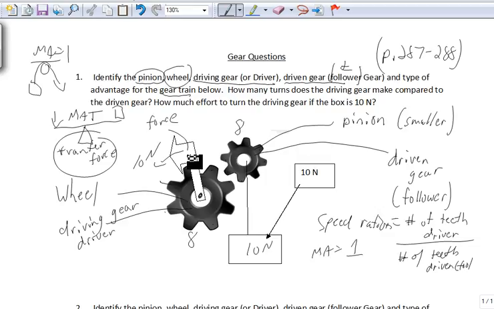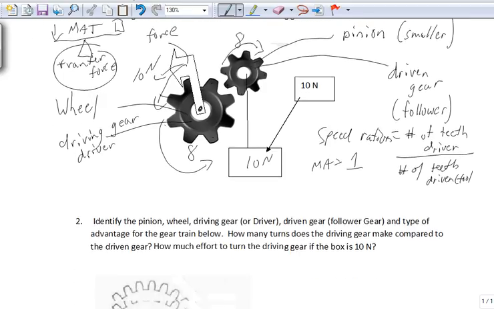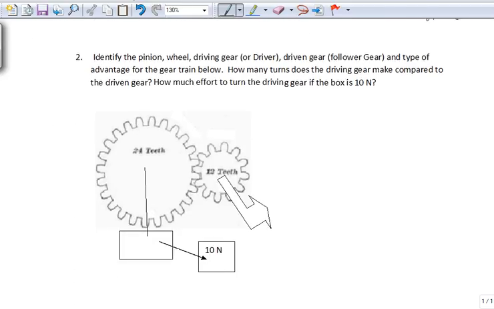Let's talk about direction. So if we crank in this direction, the gear goes this way, counterclockwise. What happens to this gear? It will always go in the opposite direction, so it will go clockwise. Let's try the second question. Identify the pinion and so on.